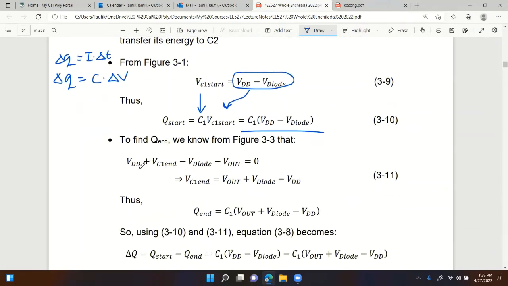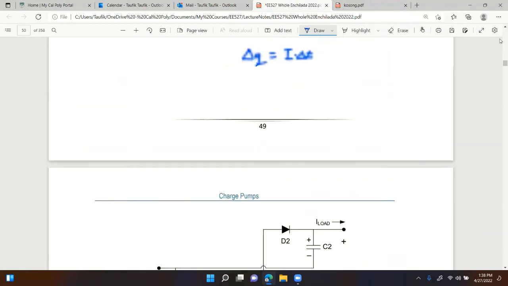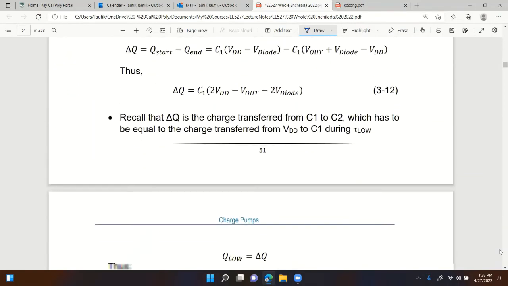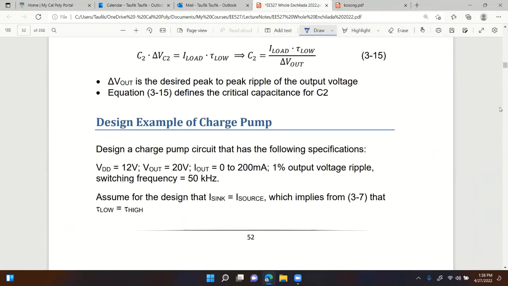From figure 3-3, remember, this is the big loop that I wrote earlier. From the big loop, I know VDD plus VC1N minus V diode minus V out is equal to 0. That big loop, right there, that's the KVL.